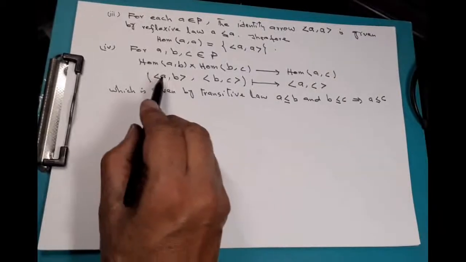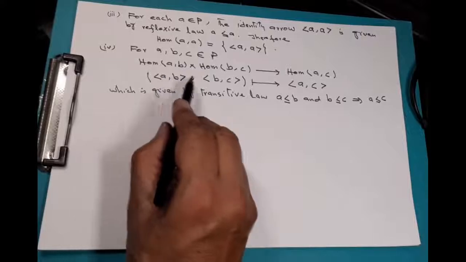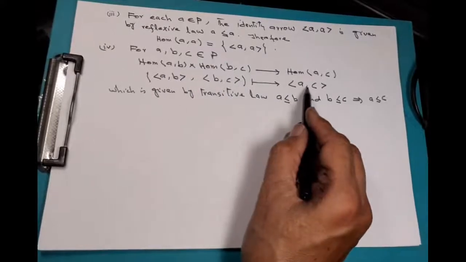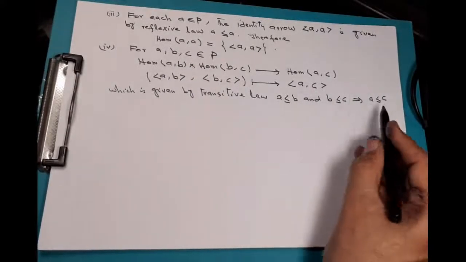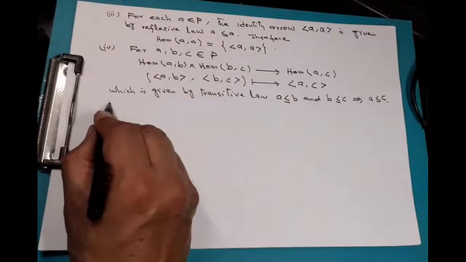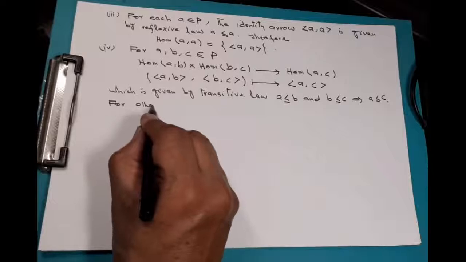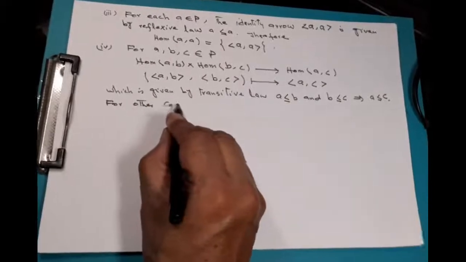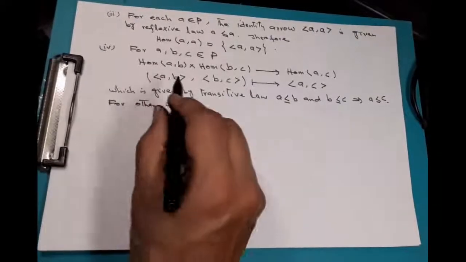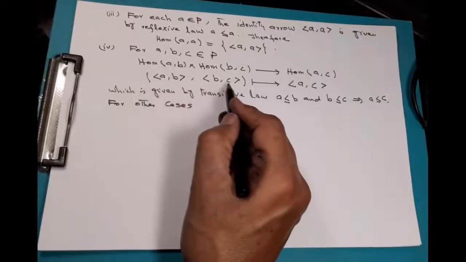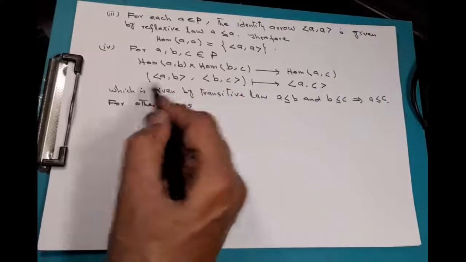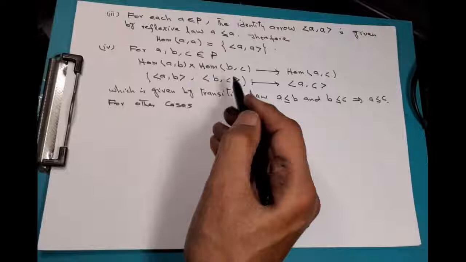In case you take the empty set here and the empty set here, you will obtain the empty set here. For other cases, you can have the empty set here and an arrow here, or an arrow here and the empty set here.